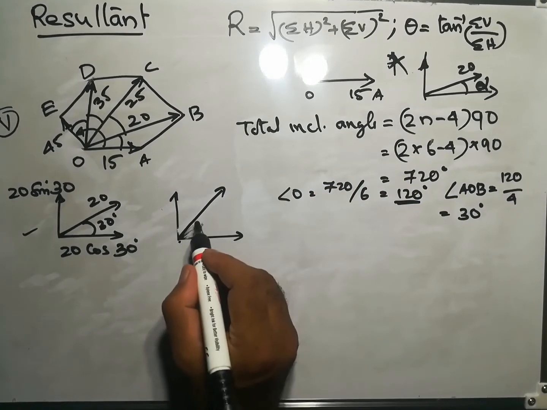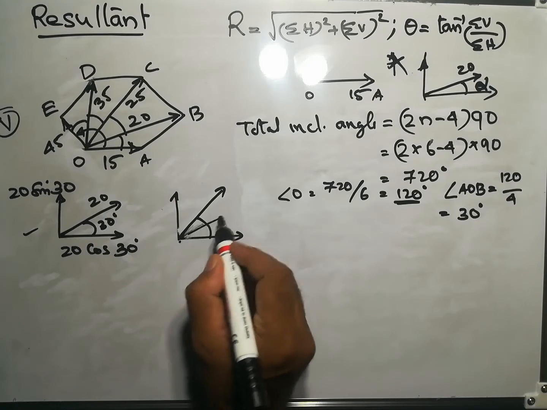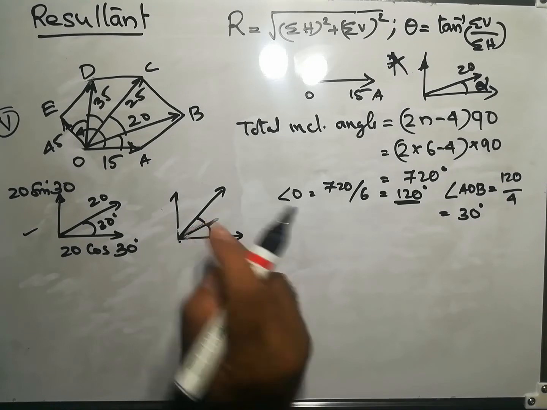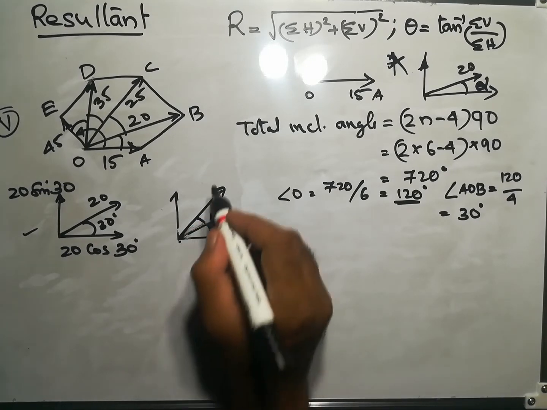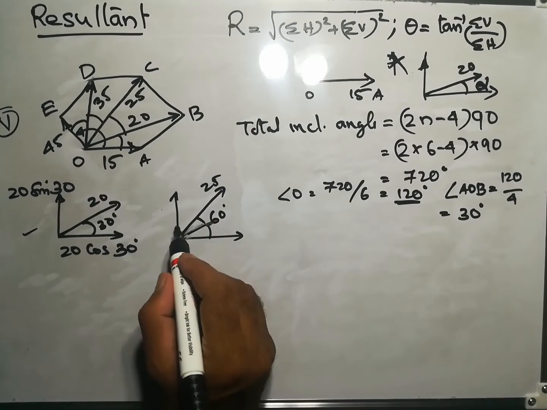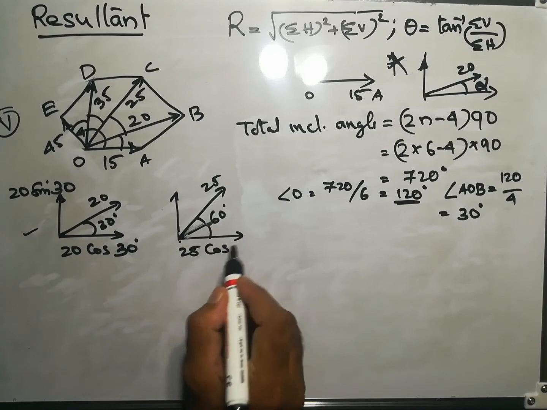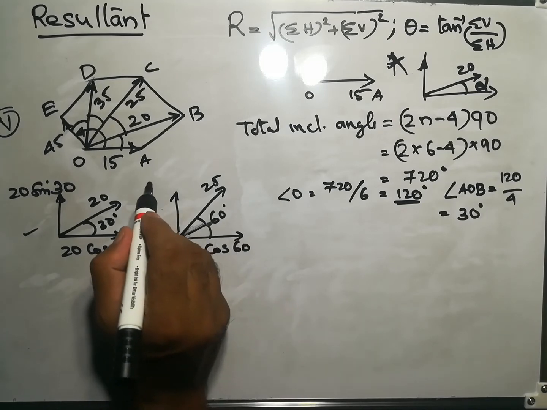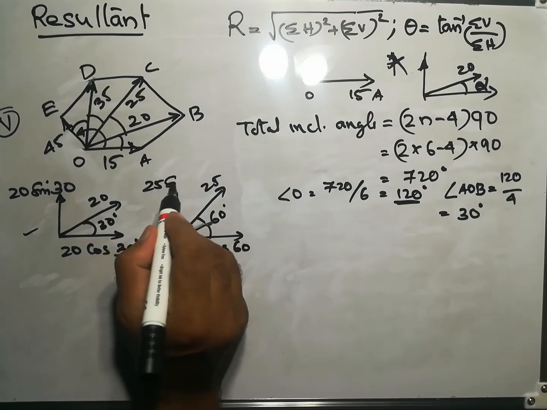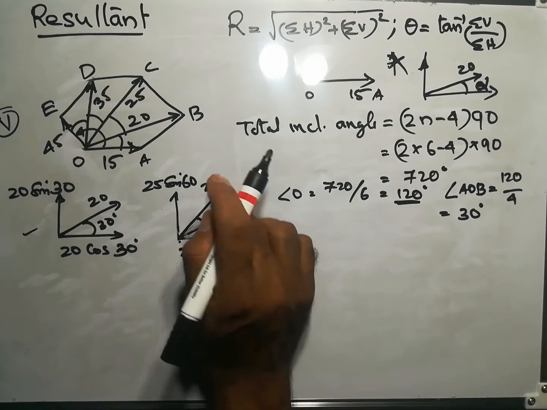These will be the components, and this angle will be 30 plus 30, so totally a 60 degree angle. This magnitude is 25, and the horizontal component will be 25 cos 60, and the vertical component will be 25 sin 60.